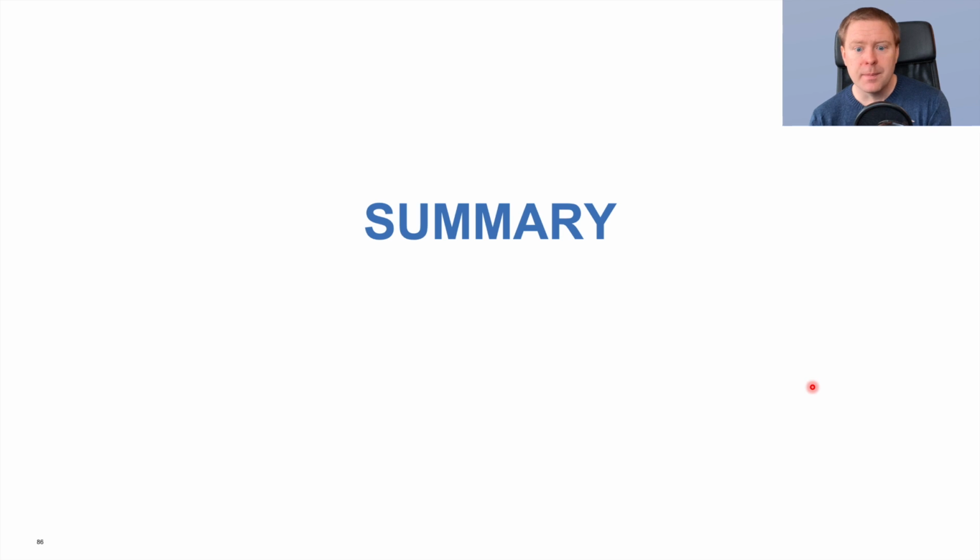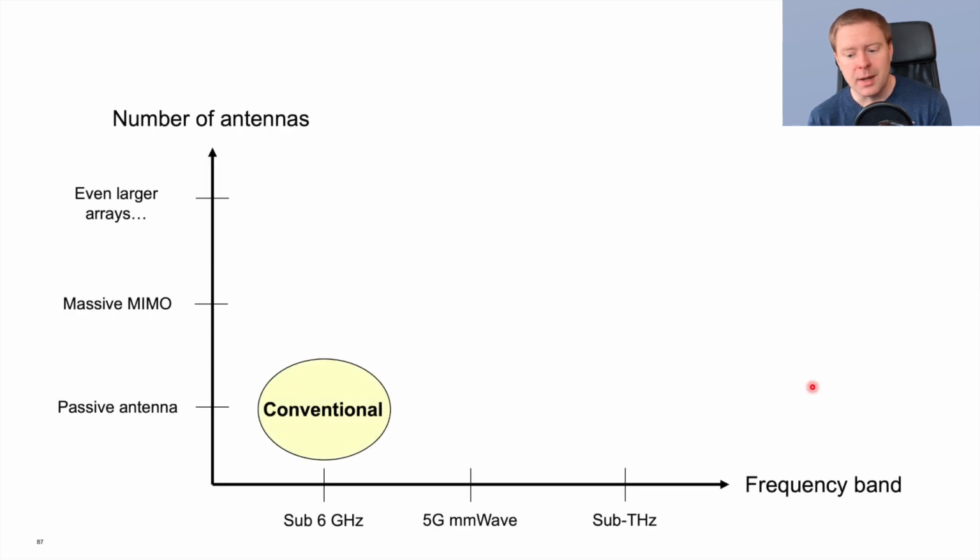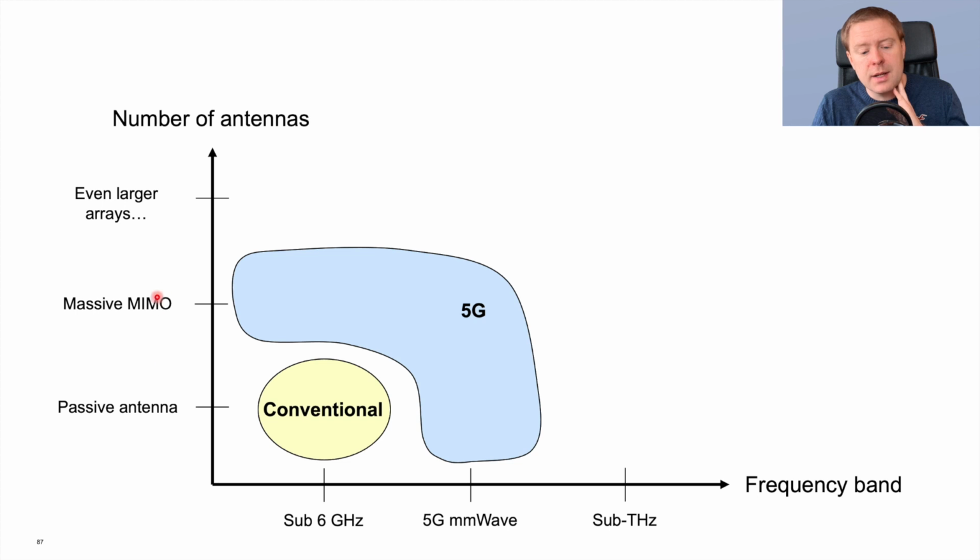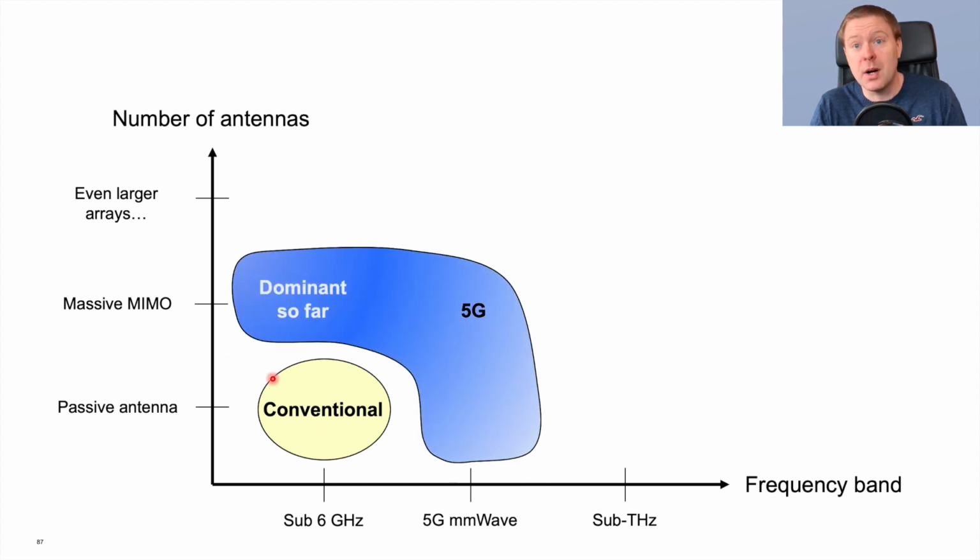So in summary, what I've been talking about is development of future technology. And in general, we can think about it like this. Conventional technology has operated in the sub-6 GHz band using passive antennas, or antennas with a very small number of active elements. 5G is covering massive MIMO with 64 antennas or so, and millimeter wave bands, but to be honest, the dominant part has been to still work in the 3 GHz band and use massive MIMO technology.